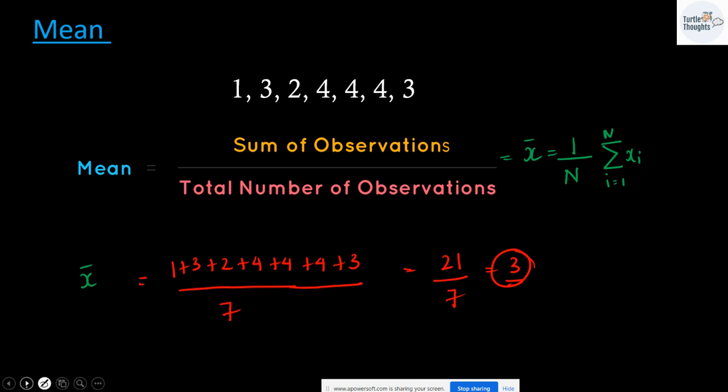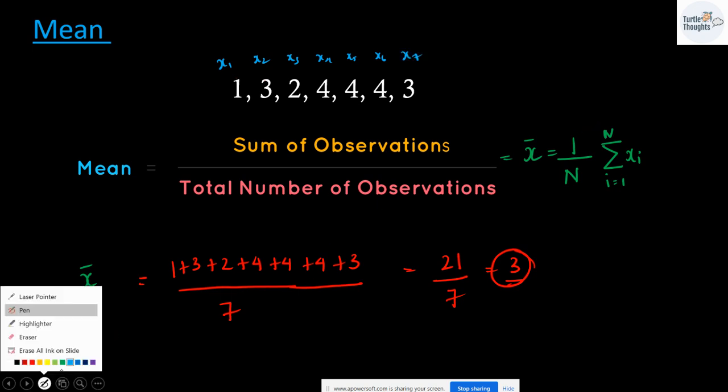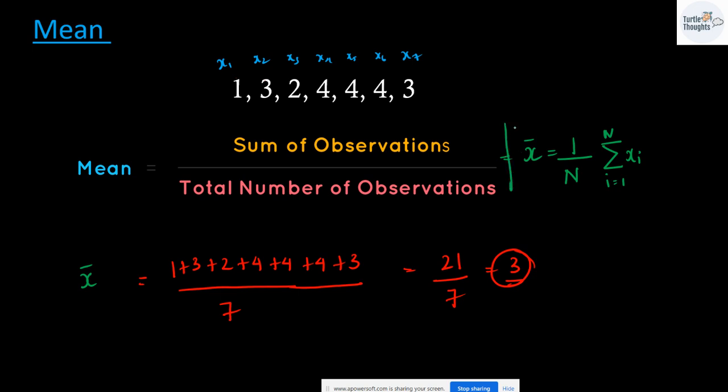Here you can take these numbers as x1, x2, x3, x4, x5, x6, and x7. So this is going to be the formula for mean in summation form. Both mean one and the same.